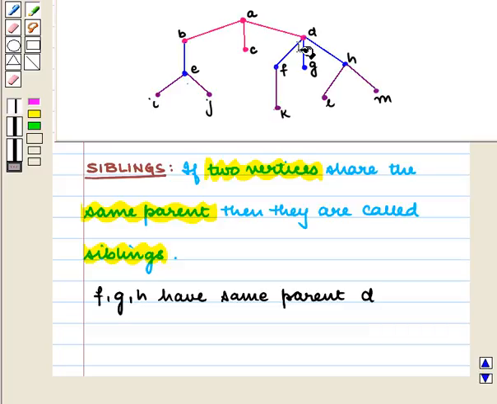Like we can see in the graph that F, G, H have the same parent D.